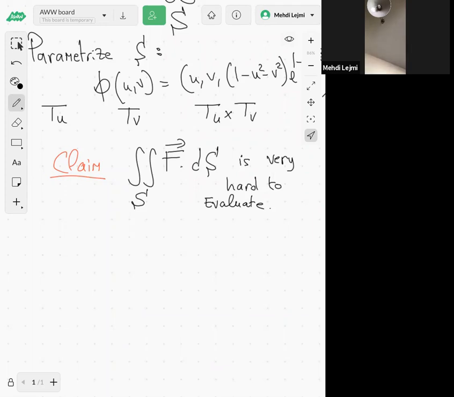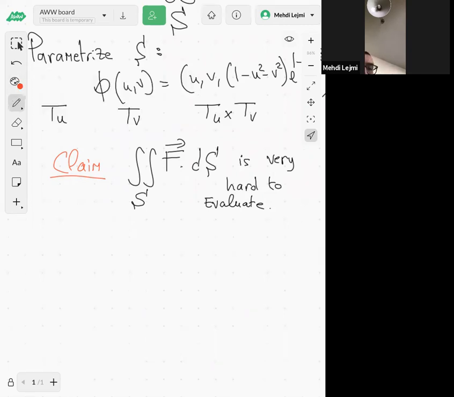Okay, so now the idea is to find another way to evaluate this integral using Gauss theorem. Okay, and you will see. I'm going to try to apply Gauss theorem to evaluate this integral, and it would be very easy to compute.